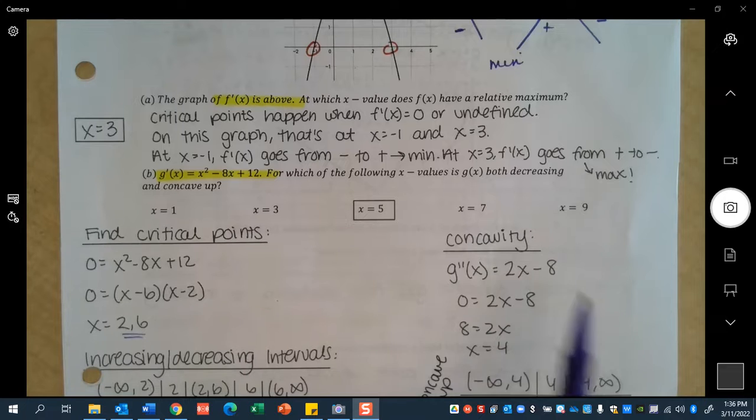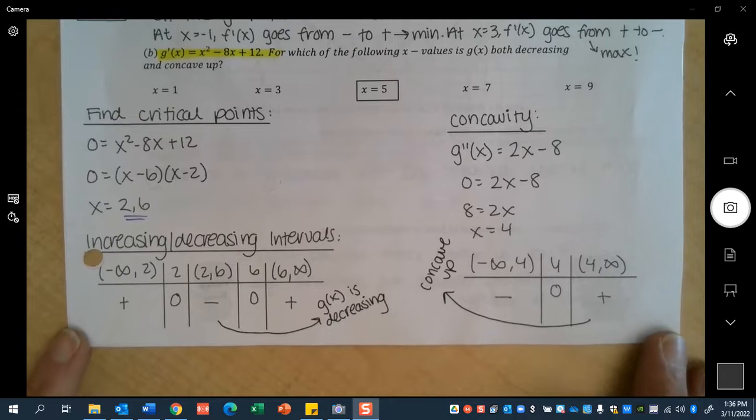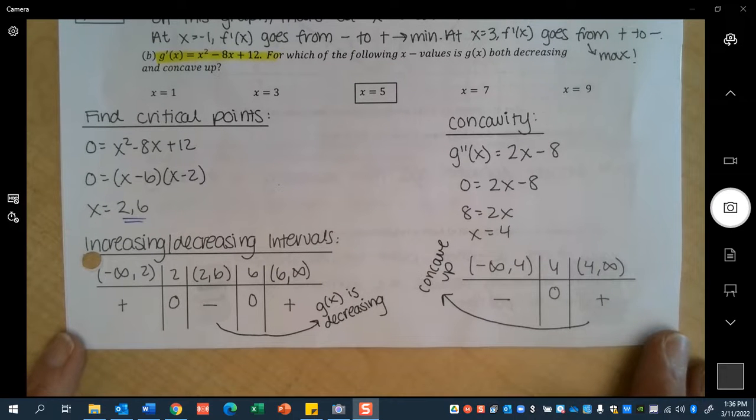When I look at my second derivative, I can talk about increasing and decreasing intervals and concave up or down, and help determine that at 5, my graph is going to be concave up, and at 5, my graph is decreasing. My derivative is negative, so my original graph is decreasing.